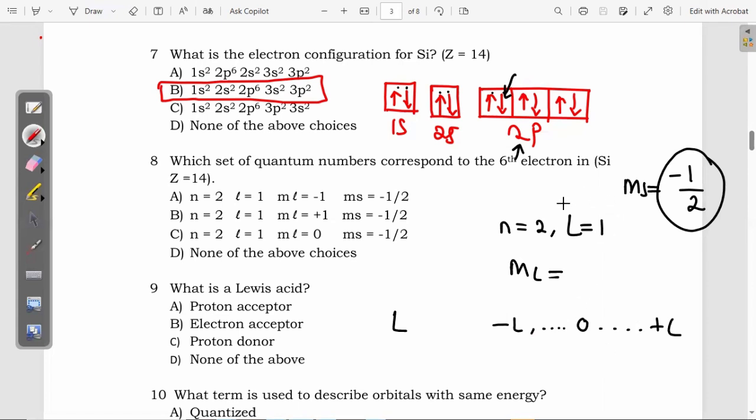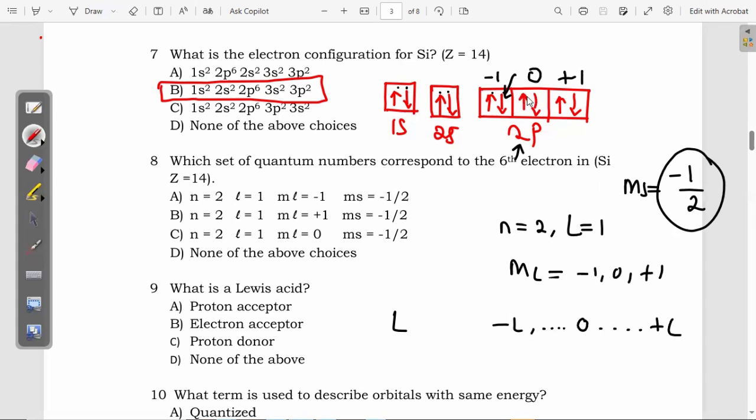Since my l is 1, because this is the p subshell, my ml will have -1, 0, and +1. The -1 is for this first box here, the second one is this one with the 0, and the third one is this one with the +1. So where is this 6th electron? We are seeing it is in the -1. So the ml has to be -1.